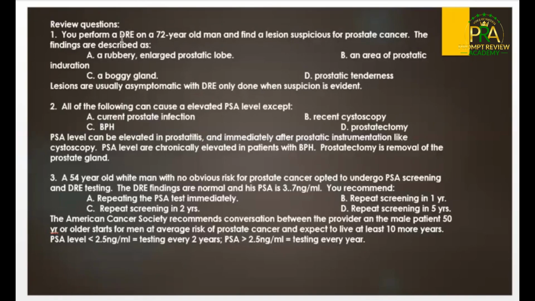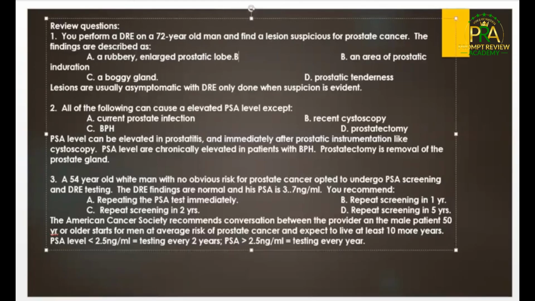You perform a digital rectal exam on a 72-year-old male and find a lesion suspicious of prostate cancer. The findings are described as, is it rubbery, enlarged prostate lobe? Rubbery is your BPH.